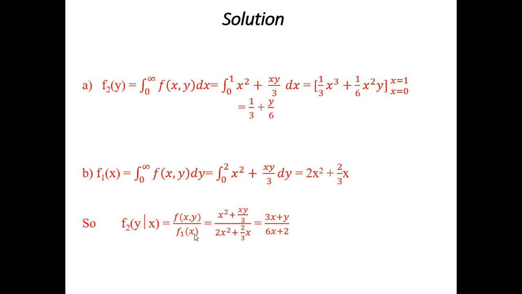Here is our joint PDF, which was given to us originally, and then we need to divide by this marginal PDF with respect to x. So we form this fraction, and then go ahead and do the algebra.